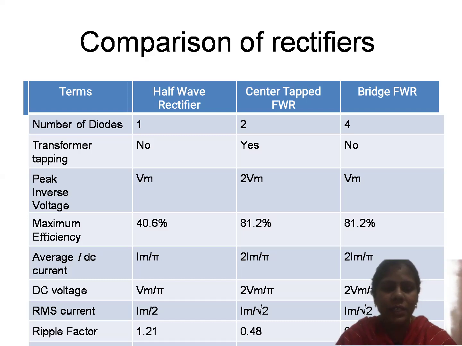As we are seeing, the output of the half wave rectifier has some unwanted AC components, and those unwanted AC components are calculated by using the RMS current. That current is given as Im by 2. For the full wave center tapped rectifier it is Im by root 2, and for the bridge it is also Im by root 2.